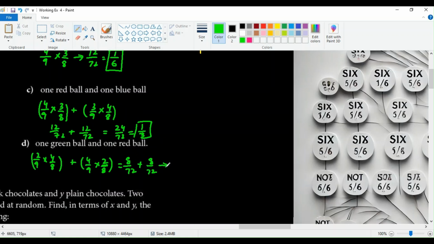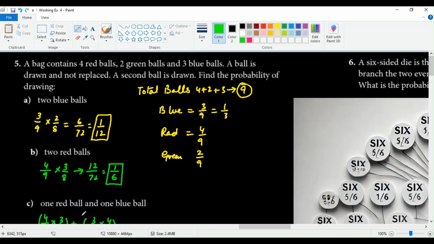So finally you're going to get 16 over 72. Once we divide both by 8, we get 2 over 9. This is the answer for question number 5.